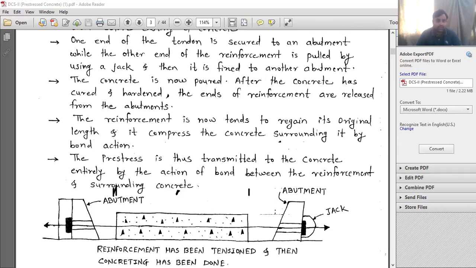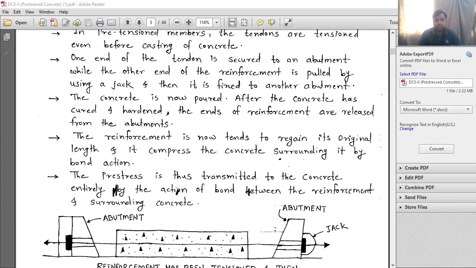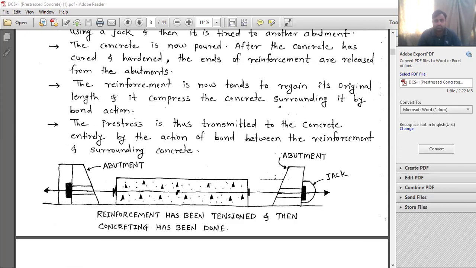I know the concepts are not so difficult, but still, if you say yes or no, then we can move further. Yes, no? Shall we move further? Okay.